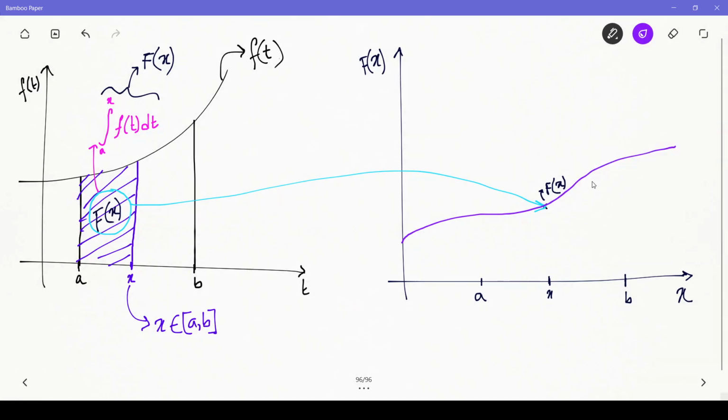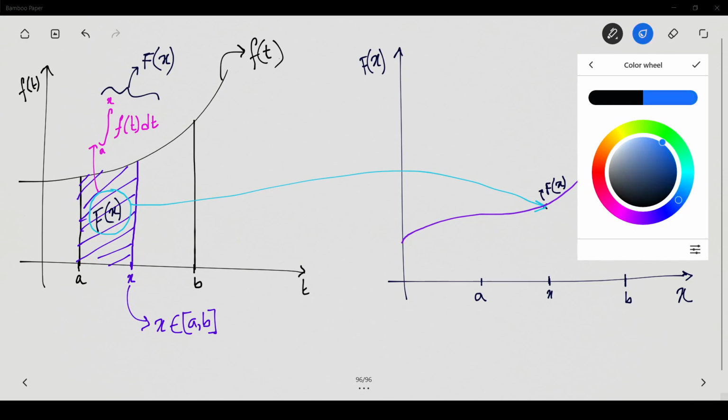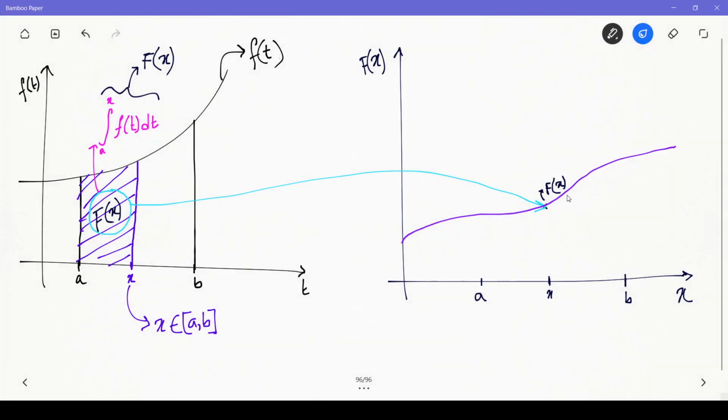Okay, fine. So let's try to draw it a bit more. I think this will suffice. No worries. So the graph of capital F of x that we have ended up with here, we say that this capital F of x function is differentiable within the lower limit a and the upper limit b.